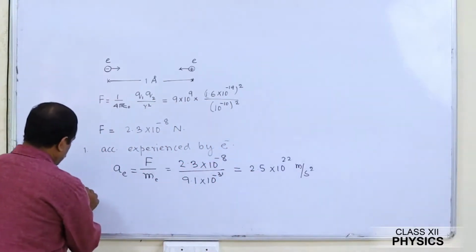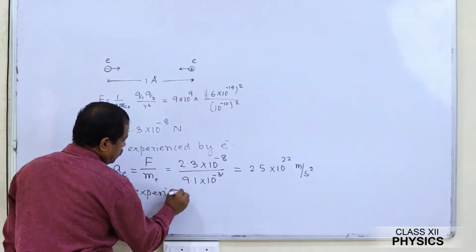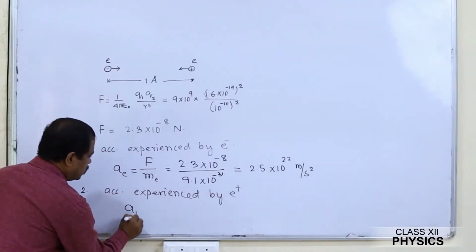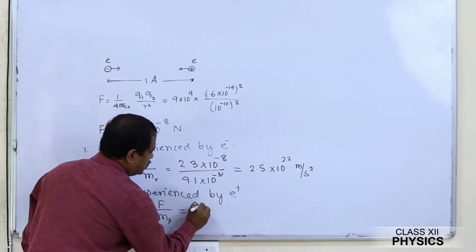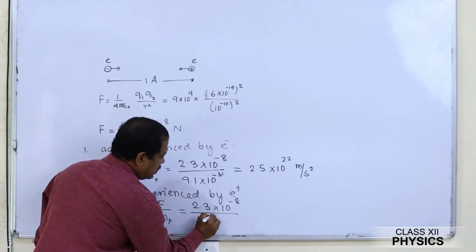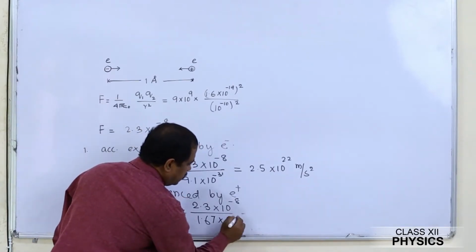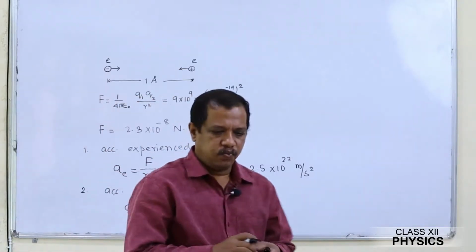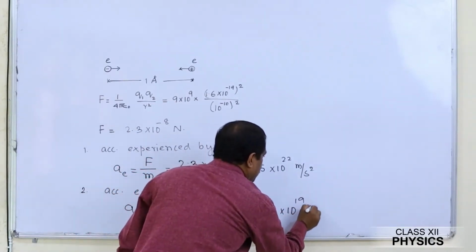The second concept I want to check is the acceleration experienced by the proton. The acceleration on the proton is force divided by the mass of the proton. The force is the same, 2.3 into 10 power minus 8, divided by 1.67 into 10 power minus 27 kilogram, and this works out to be 1.4 into 10 power 19 meter per second square.